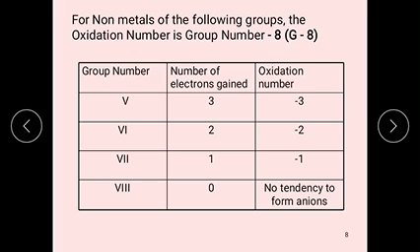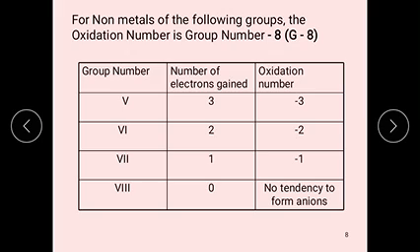Nothing will be gained or lost. Then we cannot take any oxidation state for this. We can treat it as mainly 0 in the elemental state.